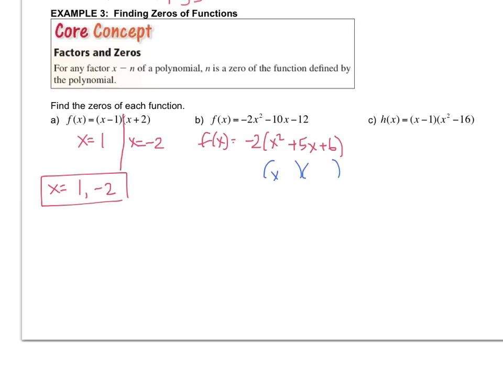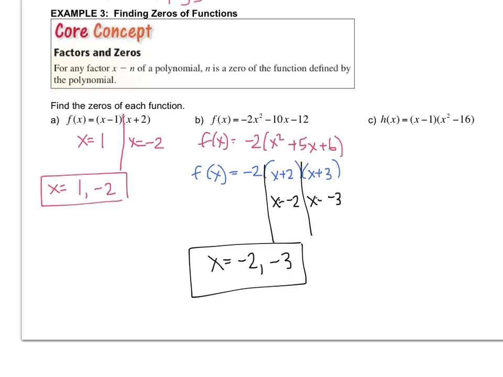That's going to be x plus 2, x plus 3. Don't forget the negative 2. Bring it down. And now I'm at the point where I can drop a line down the factors and solve. Well, negative 2 doesn't solve, so it just stays where it is. This would give me negative 2, and this will give me negative 3. So the roots for letter B are negative 2 and negative 3.